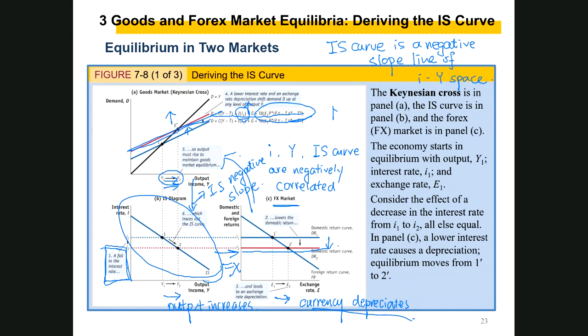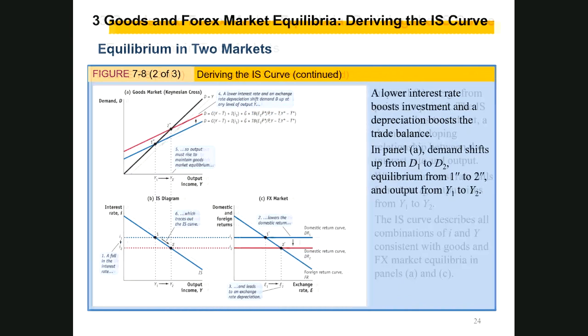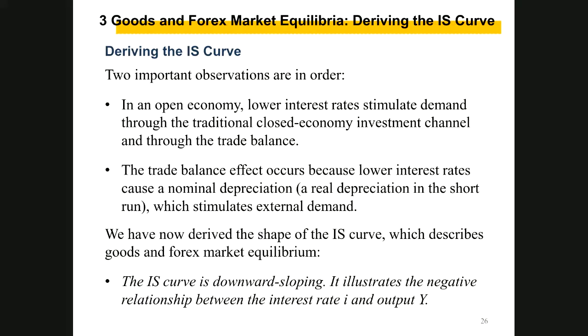Okay? So the IS curve is downward sloping. It illustrates a negative relationship between the interest rate and output Y.